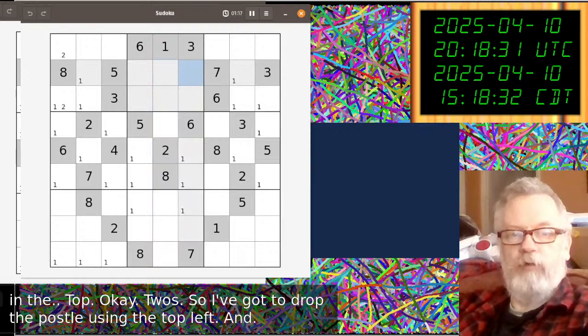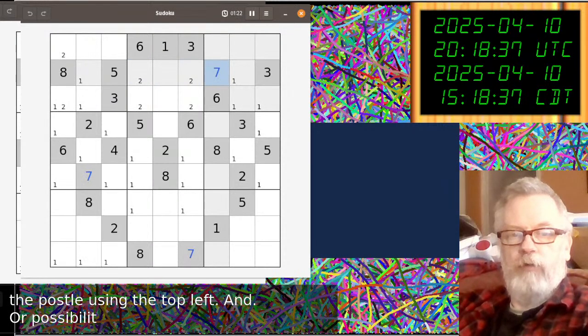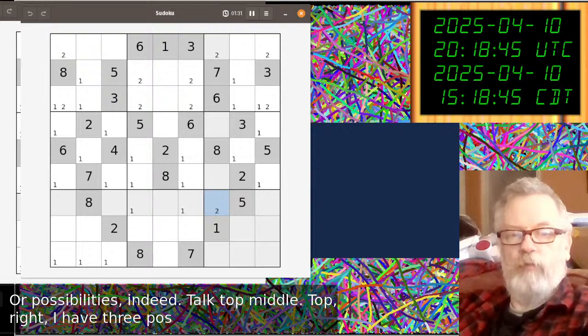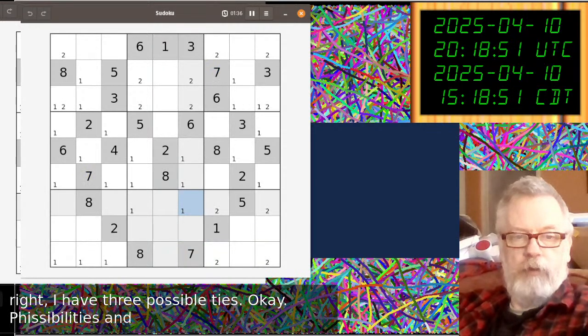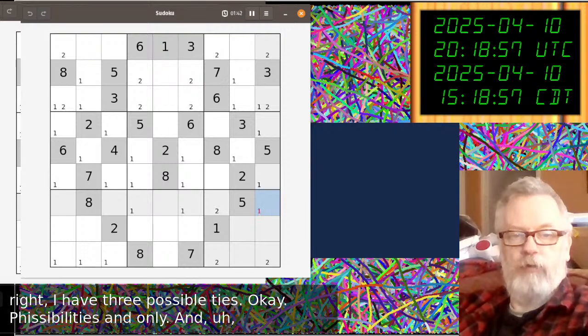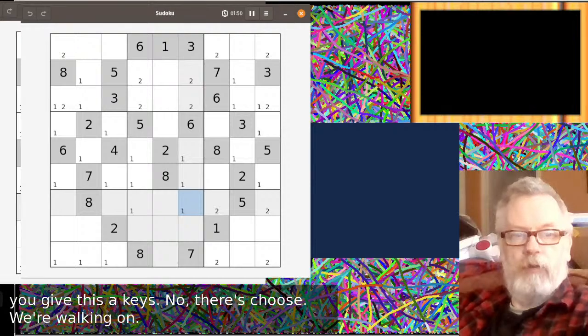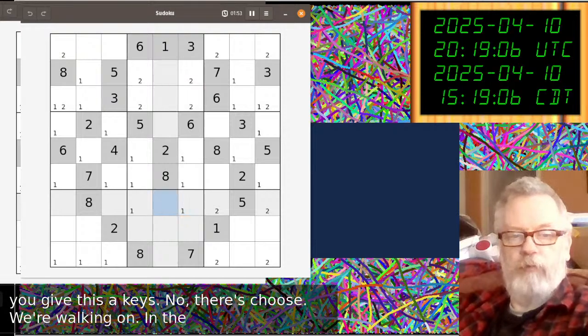Okay, twos. I've got a couple of possibilities in the top left, 4 possibilities in the top middle. The top right, I've got 3 possibilities. I've got 4 possibilities in the bottom right. In the middle bottom, I've got the same situation with twos as I did for ones.